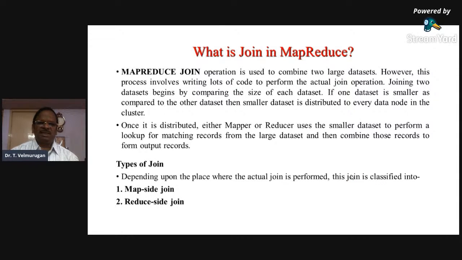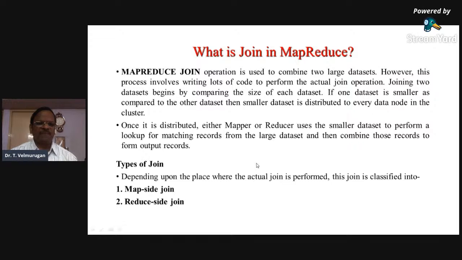What is a join in MapReduce? We have to combine two large data sets using join operations. Large amounts of data sets are joined into a single data set by using the MapReduce join method.